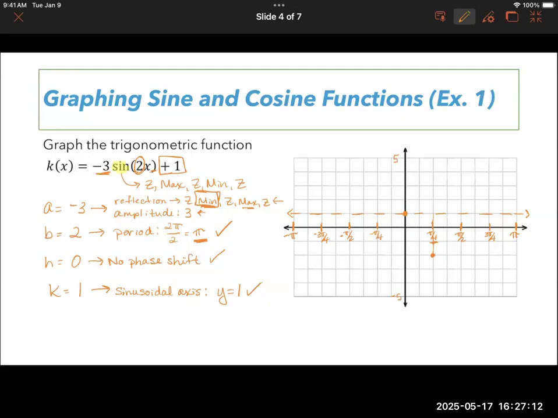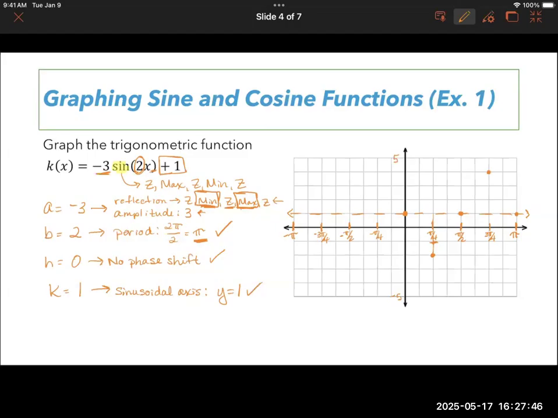Then at my next tick mark, I'm back up to a 0. Again, 0 on the sinusoidal axis, not on the x-axis. At the next tick mark, I'm going up to my maximum, and that is affected by my amplitude of 3. So counting 3 up from my sinusoidal axis gives me a point there. And then at my last tick mark, I'm back down to a 0 on the sinusoidal axis.